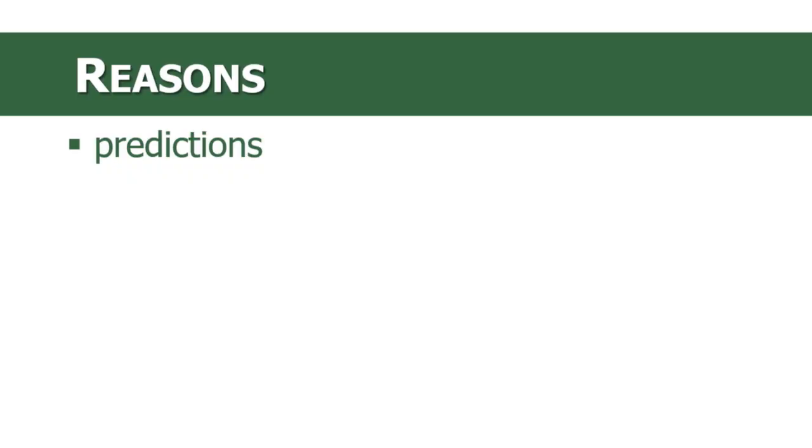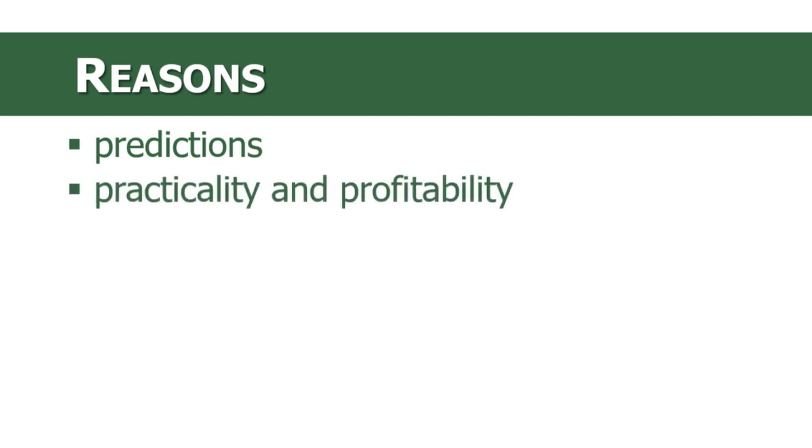We also talked about why economists use models. There are 4 reasons. They use them to provide predictions about the economy that help them to devise and test economic policies. The models help determine the practicality and profitability of implementing those policies. They also help economists who want to study the actions and businesses of government.